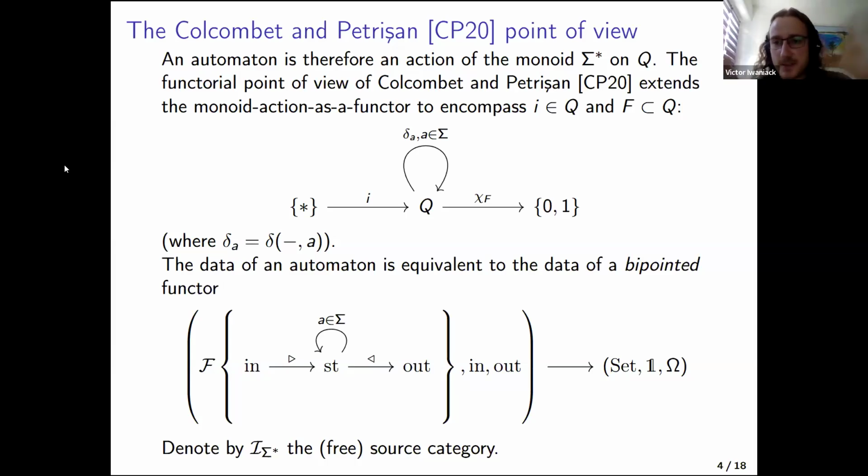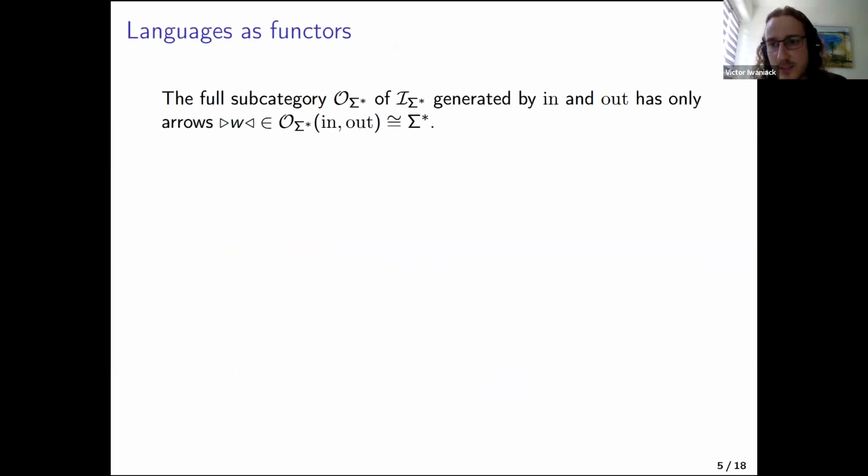So this is the equivalence between functors and automata. And one neat thing with that is that you can see how the recognition of words is a restriction of your automaton. How do you do that?